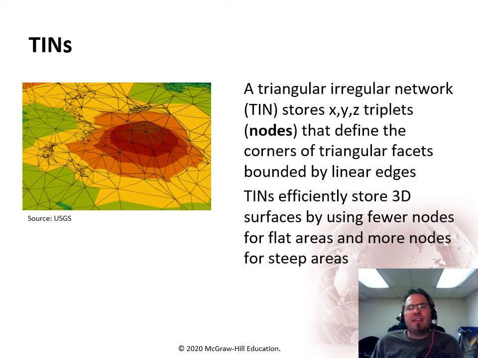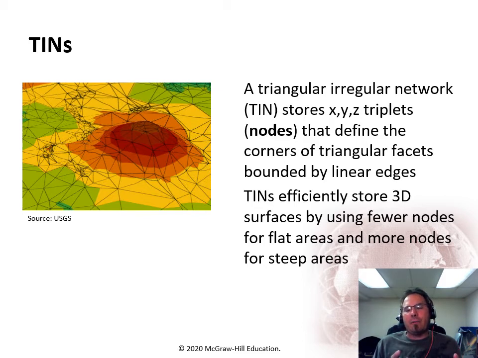You also have TINs, which are triangular irregular networks, which are these nodes and triangular facets that allow you to efficiently store 3D surfaces with fewer nodes in flat areas. It's a geometric way of representing 3D surfaces without all the detail. And sometimes you just don't need all that detail.